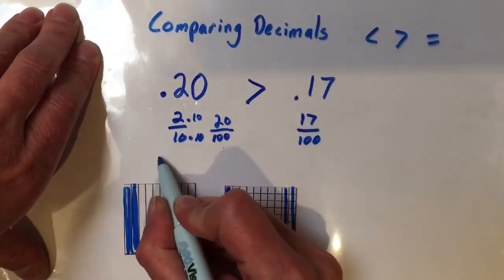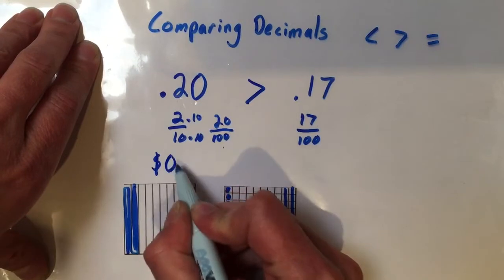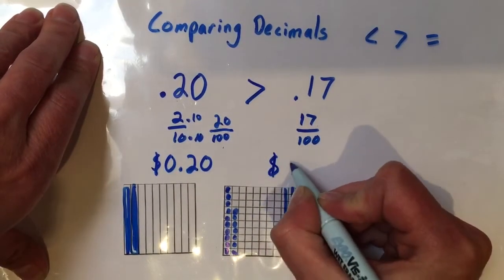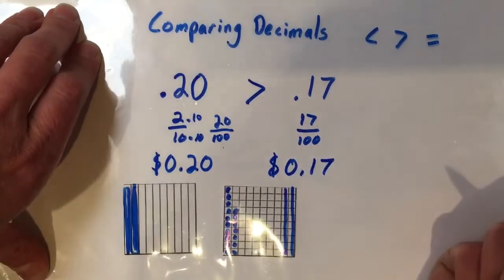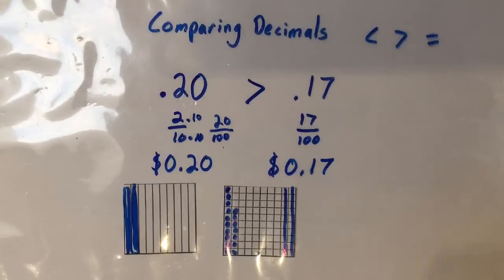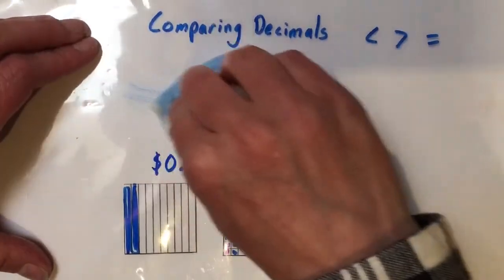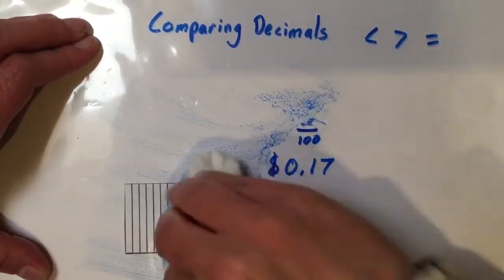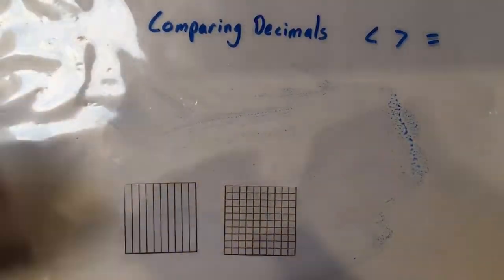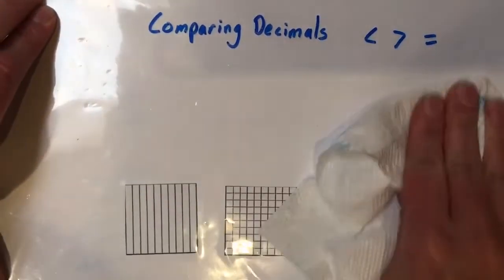Or you can simply turn this into money. I think when we're comparing decimals, the easiest way to do it is to think about money. So let's do one more of these to see if I can make sure this is clear to you before we go on to practice, because these are the tricky ones.